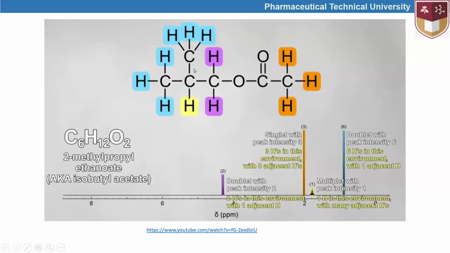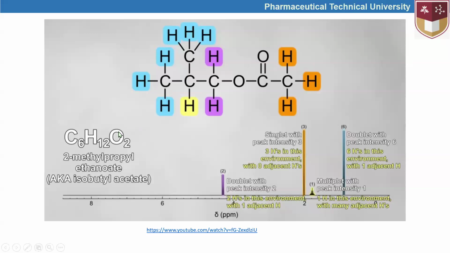And they have the same category, even if they belong to different methyl groups. They can be considered to develop the same type of singlet, but all 6 hydrogens must have one adjacent hydrogen.